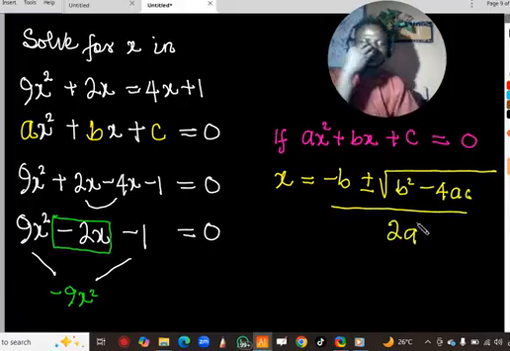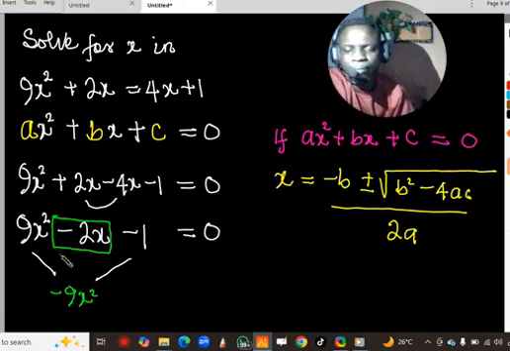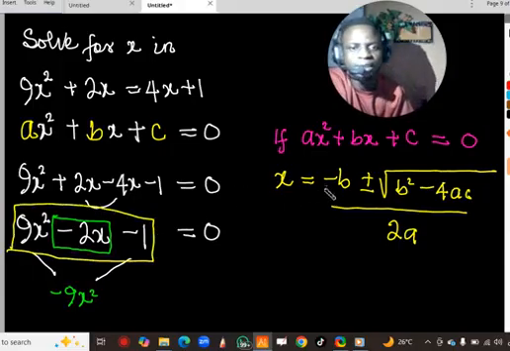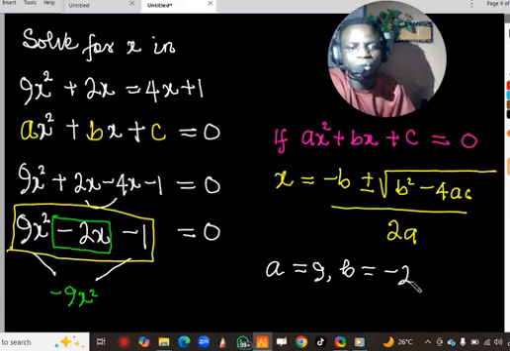Now, a critical look at our problem shows that our a in this question is plus 9. So we have a as 9, our b is equal to negative 2, and of course, our c here is negative 1.